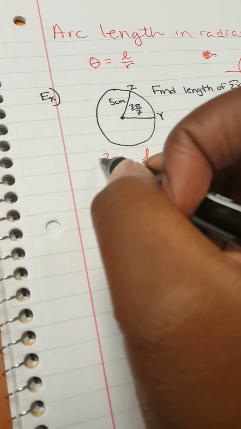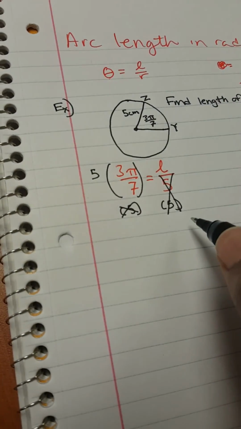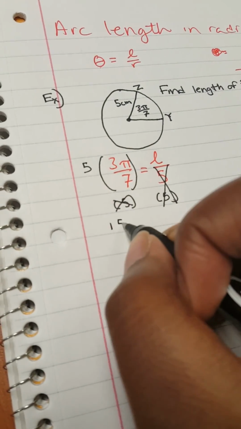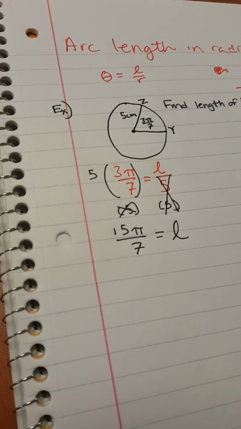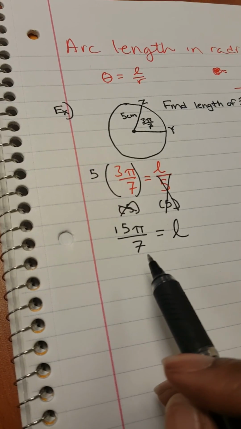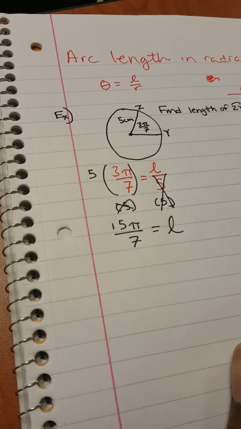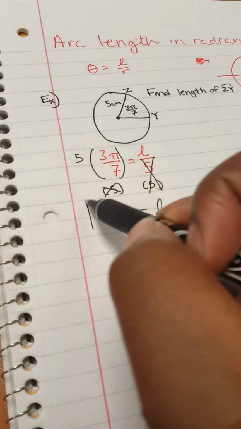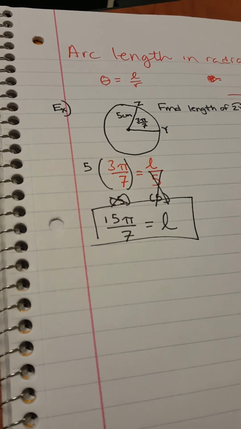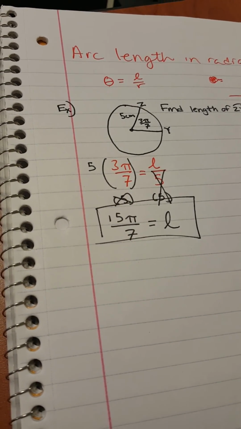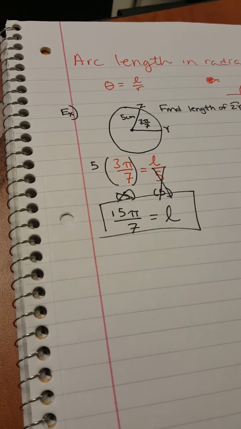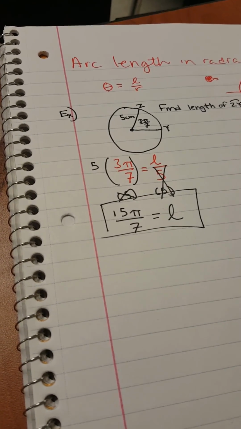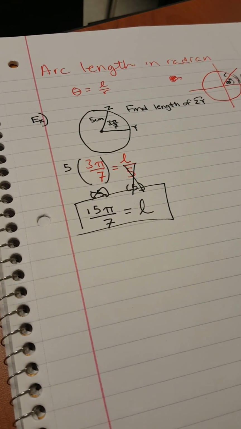So it would be 15 pi divided by 7 equals the arc length. And can I reduce 15 over 7? No. So I can leave it like that. If you see the answers in decimal form, then you would just put it in the calculator. But that's the exact number for the radian arc length. Any questions about arc length and radian?